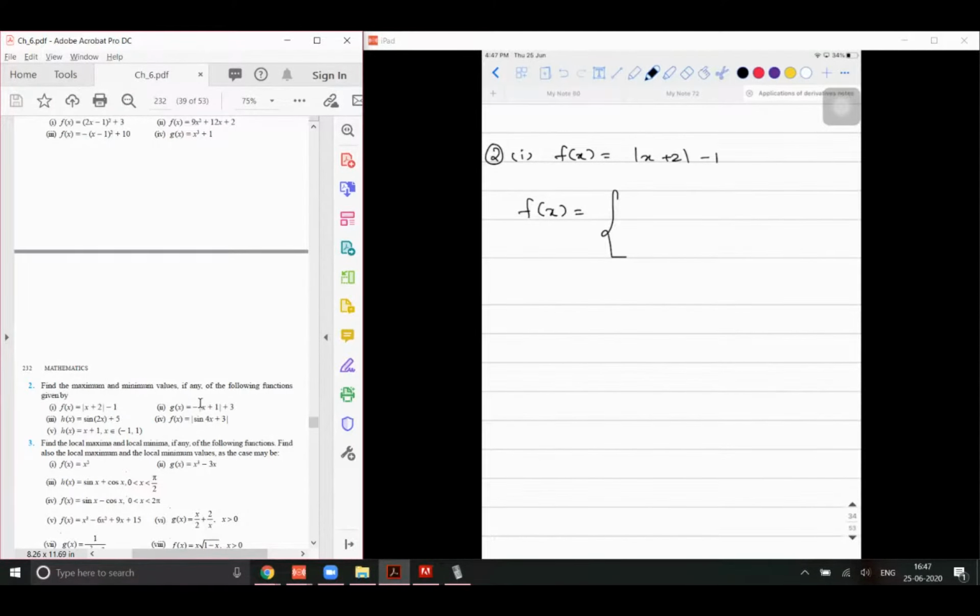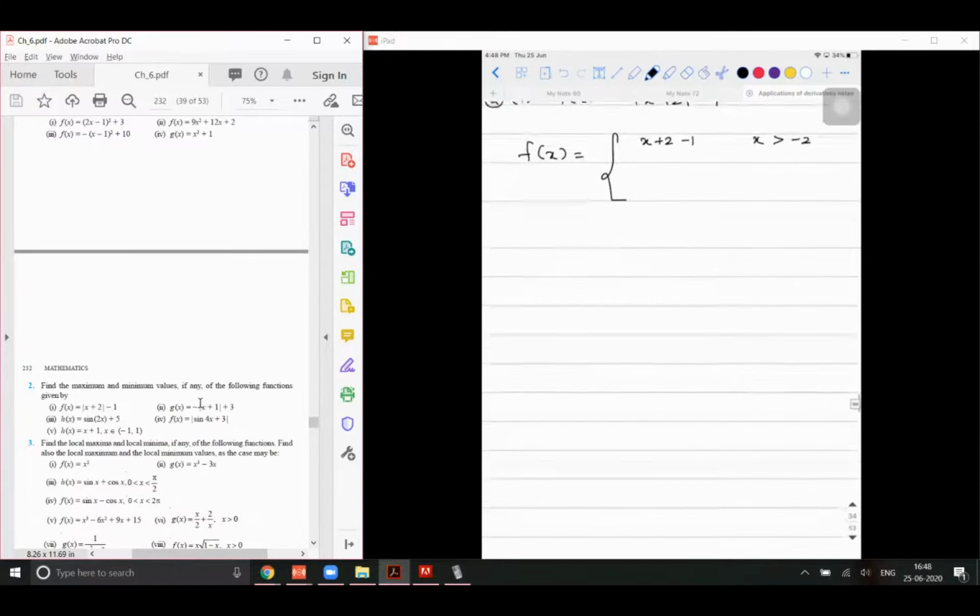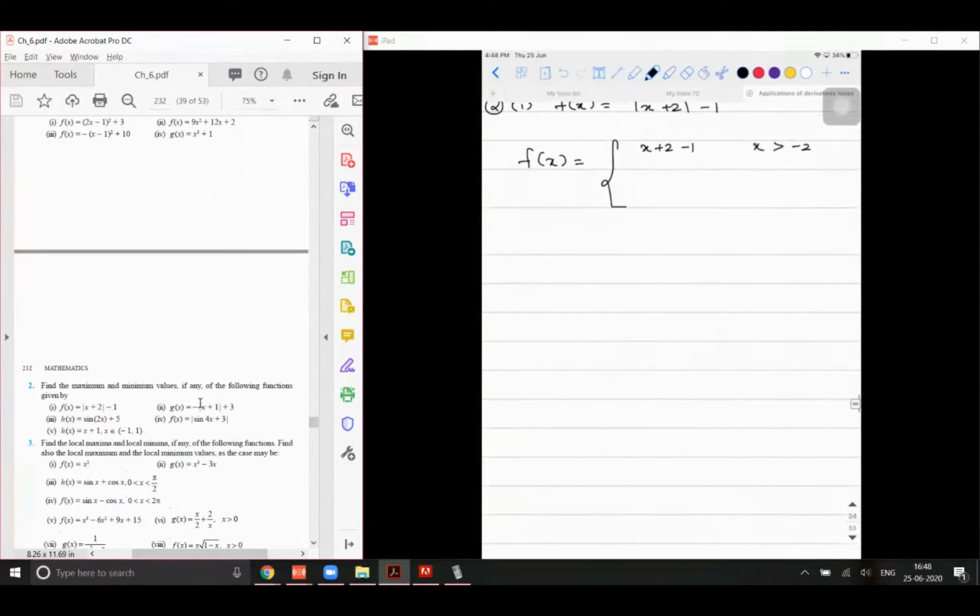Anybody who can tell me? So I should write x plus 2 minus 1 when x is greater than 0. Greater than minus 2.